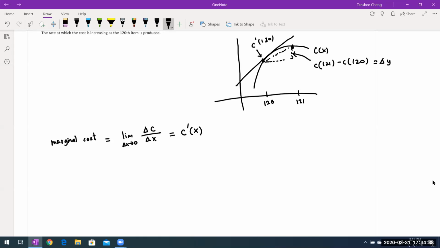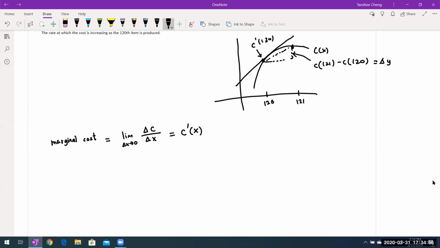So when we talk about the rate at which the cost is changing, the instantaneous rate of cost changing is called the marginal cost in business terms.